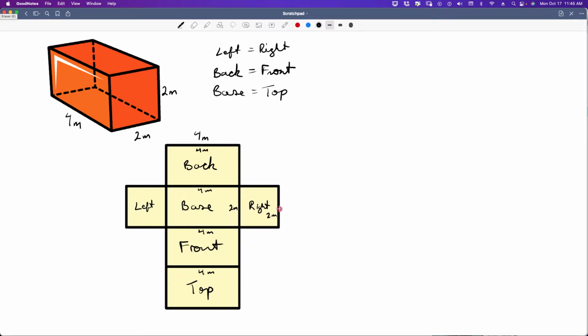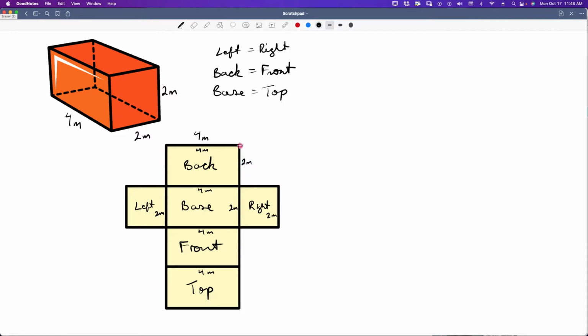We're going to do the look across. This is going to be 2 meters. These lines here, all of these lines are 2 meters. So that's that dimension all the way across. So now we have the height, and that is going to be this dimension right here.